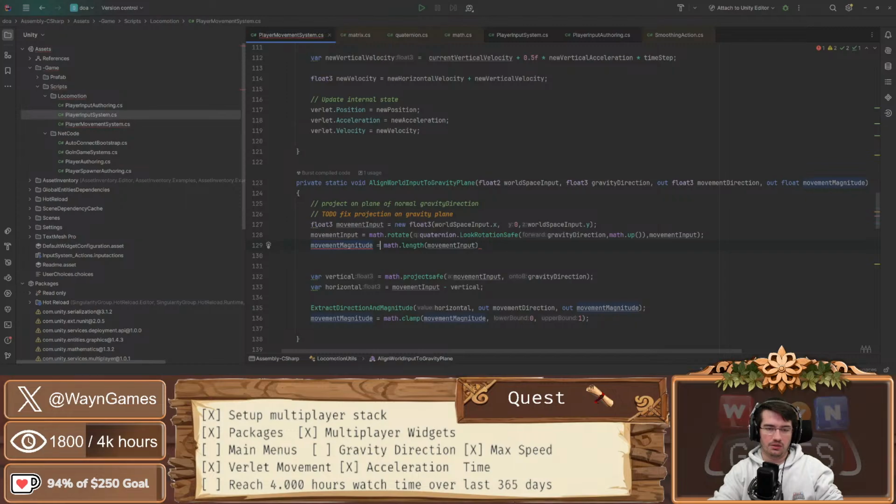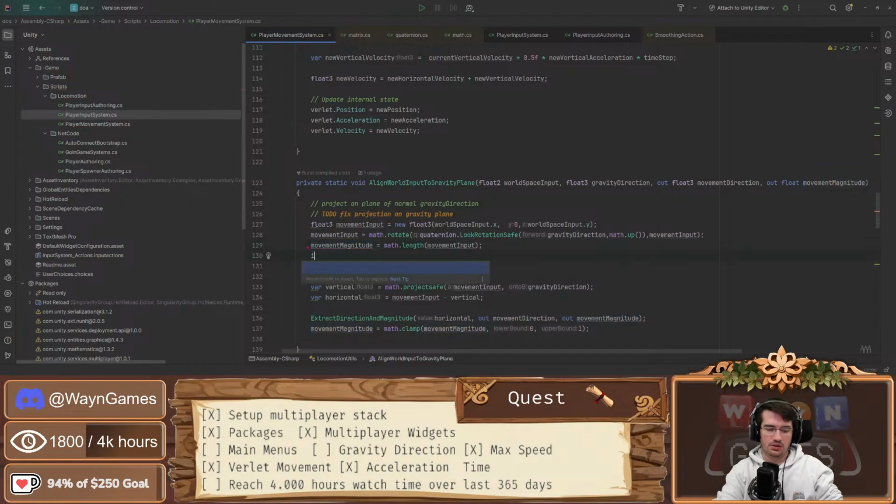That will be my magnitude. I want to normalize my move input.